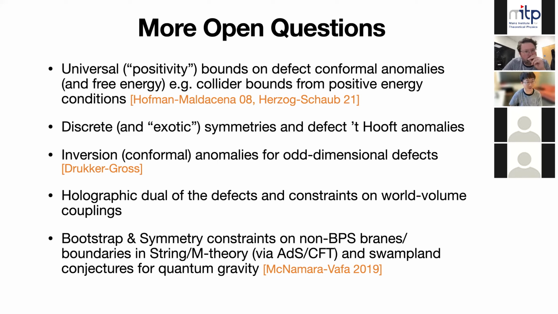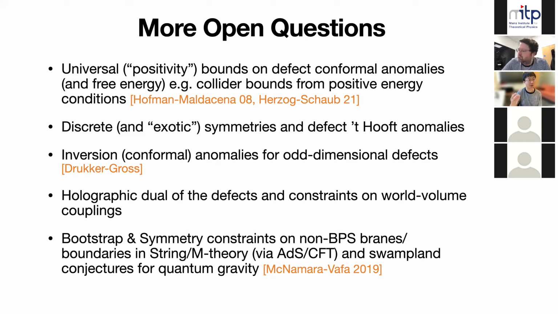This anomaly is still not well understood. It's also interesting to study something I mentioned in the beginning: the holographic dual of these defects, and whether knowledge about the defect operator algebra that you can extract from the field theory tells you something about the world volume couplings on these extended branes in the bulk. Similarly, this is related to something I didn't talk about.